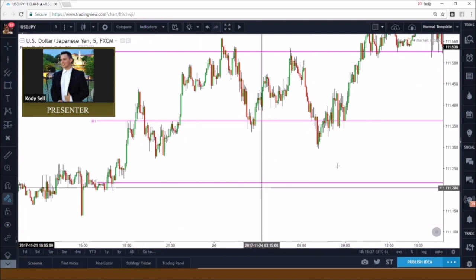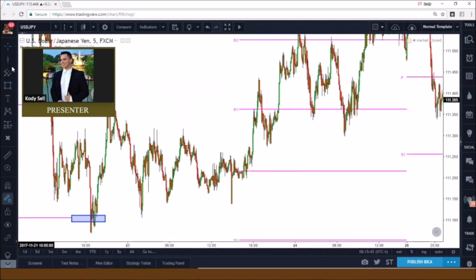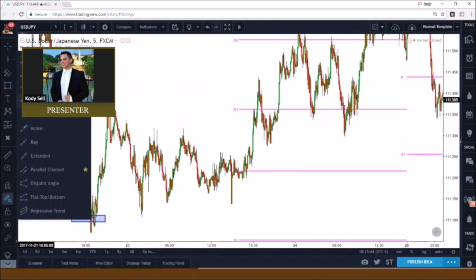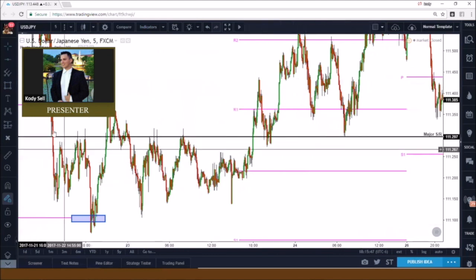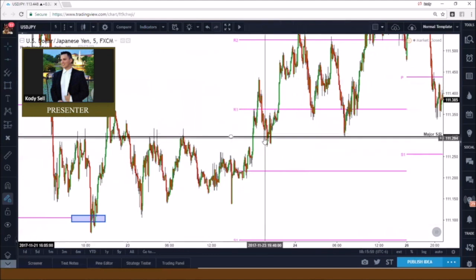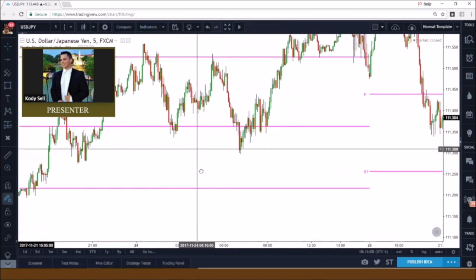So we moved up. Also, it's important to understand, and we're going to talk about this in a later video when we sum everything together, but this right here is a significant support and resistance level, which is why this essentially happened. It didn't have the volatility to break this major key support and resistance. So we will come back to that later. Just understand right now that's what's going on.